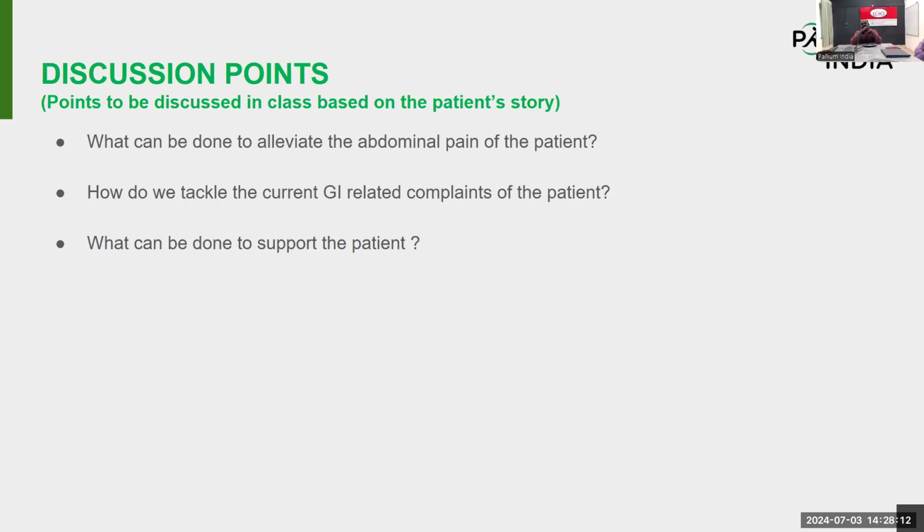In such cases, you pass a Foley's catheter or a suction tube into the rectum, gently push it in as far as it goes, and then give the enema.